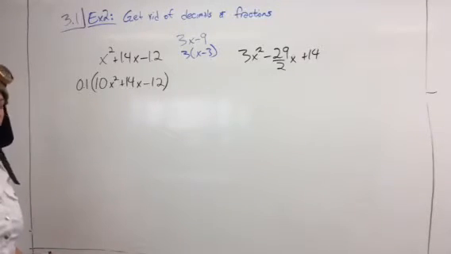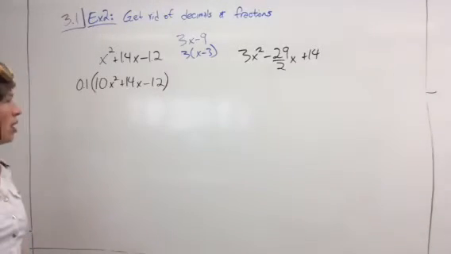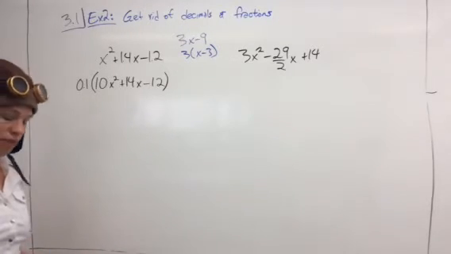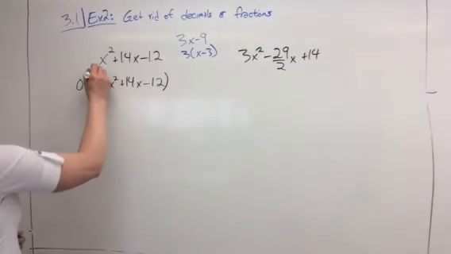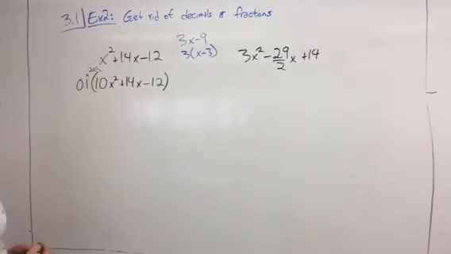Once we've done this, we can look at those whole numbers a little more closely, and we can see that there is a common factor that we could factor out. So 10, 14, and 12 are all even numbers, so I can take a 2 out of them. If I take a 2 out, I'm going to have to multiply it by this one on the outside.